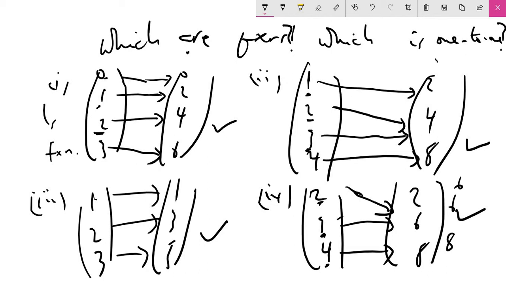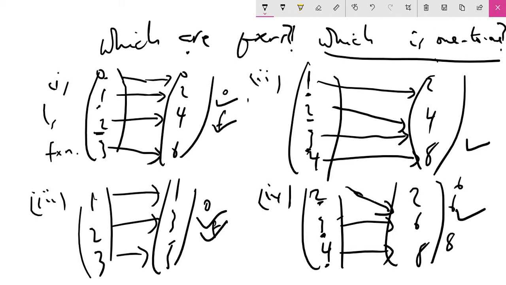Alright, so now let's do the second part. It said which is one-to-one. What is a one-to-one function? First of all, this and that are the two one-to-one functions. So this is a function and a one-to-one function.